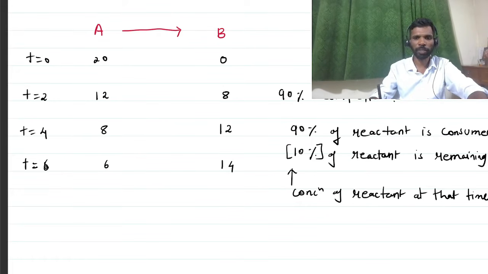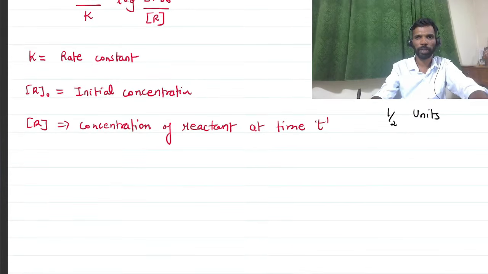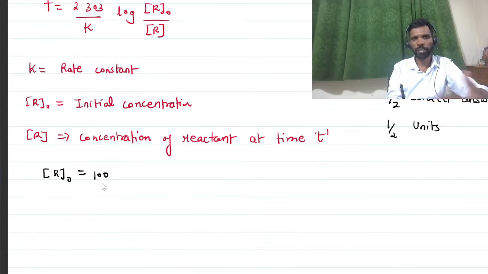For simplicity, we consider the initial concentration R0 to be 100, because 100 is very easy for calculation.